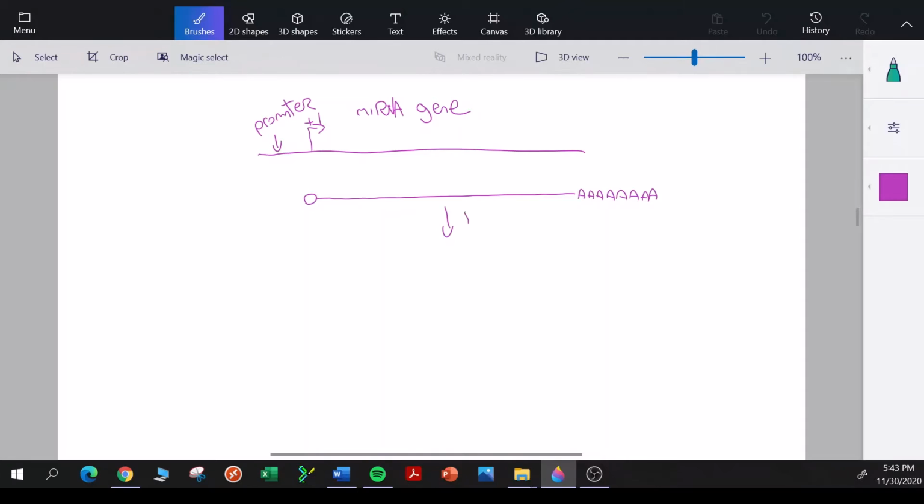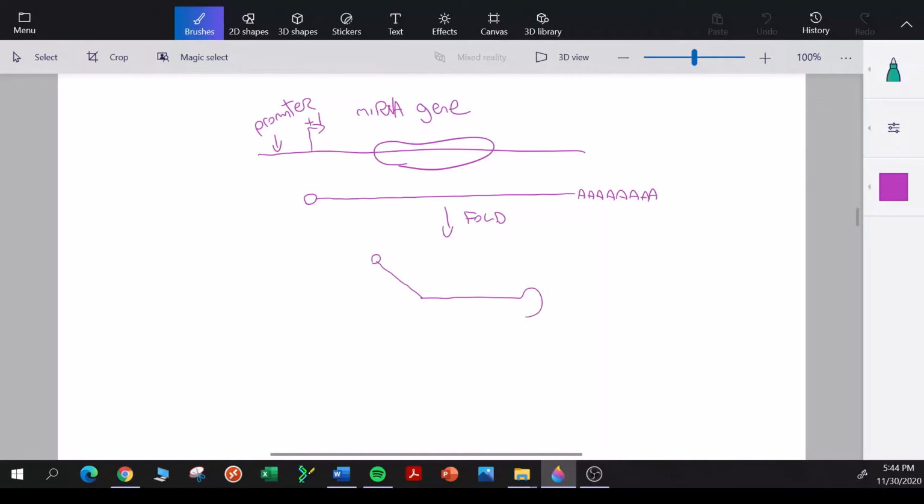Now this is going to fold. Why is it going to fold? Because of the sequence of the microRNA gene. This is going to fold, and it's going to form a structure that looks something like this. I want to redo this a little bit.